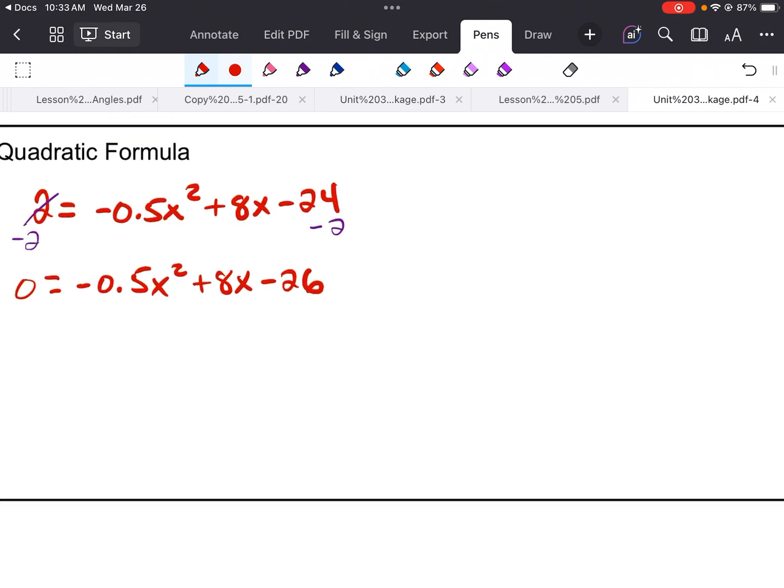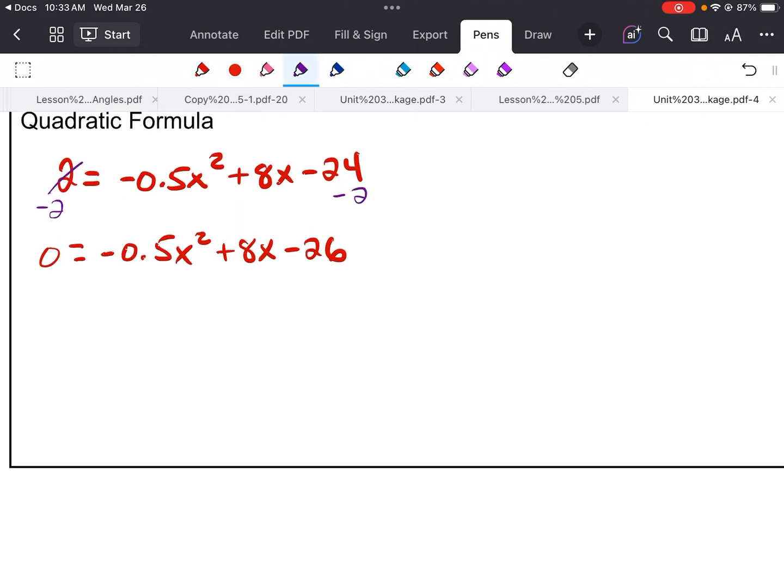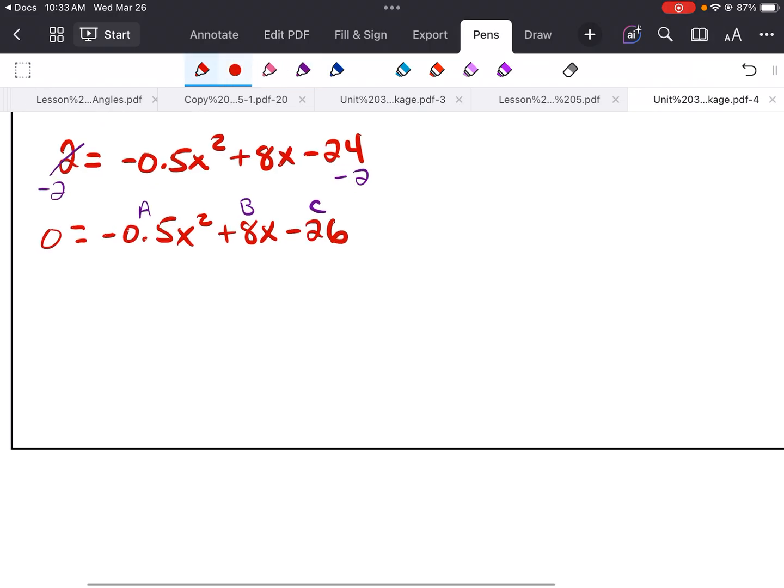Okay, we're going to do the quadratic formula here. Our a value is negative 0.5, b is 8, c is negative 26. So if you remember back to grade 10, the quadratic formula is negative b plus or minus the square root of b squared minus 4ac, and all of that divided by 2a.